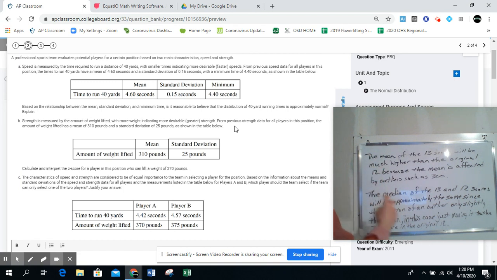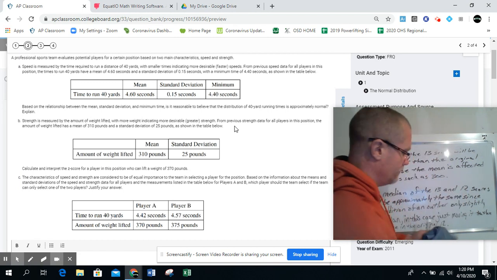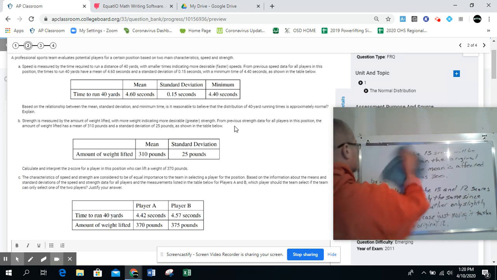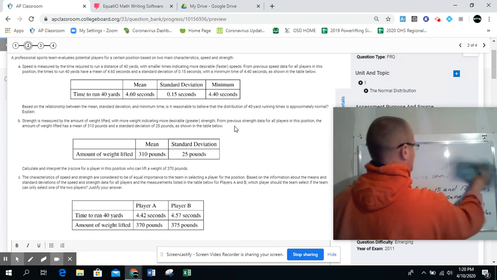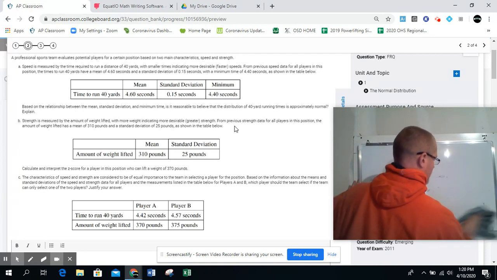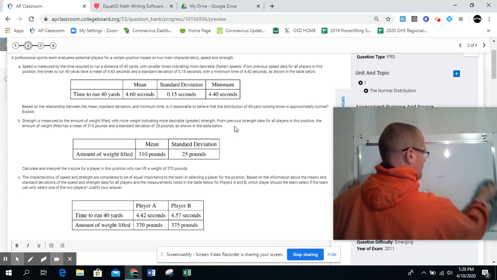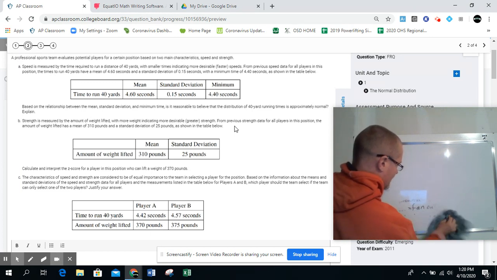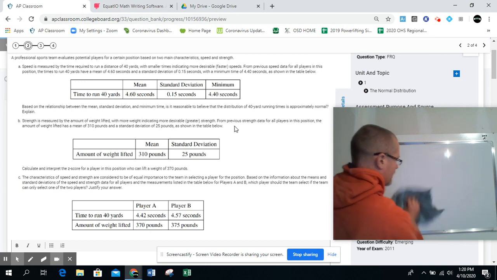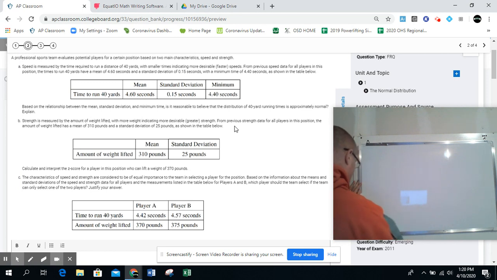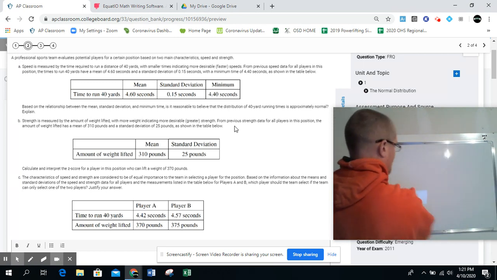Z-scores, the reason why we go to Z-scores is because it allows us to compare the positions of things within their data sets. Okay, so when I say that it's got a Z-score of 1, that means that it's above the mean by a typical amount. Because remember, the standard deviation is the typical distance that a single score is away from the mean. So a Z-score of 1 is 1 standard deviation above the mean.